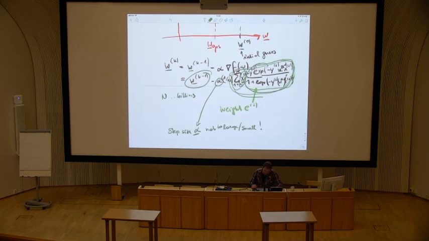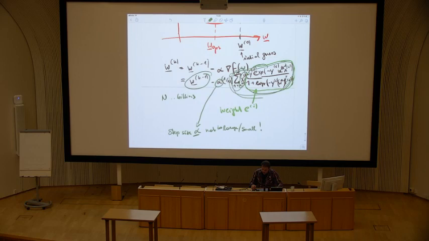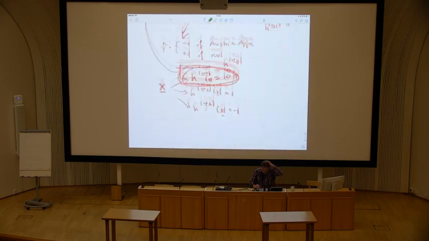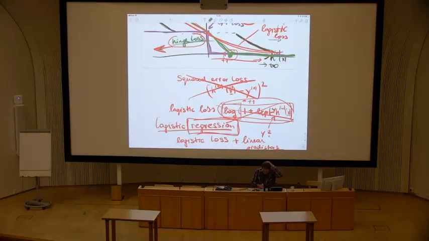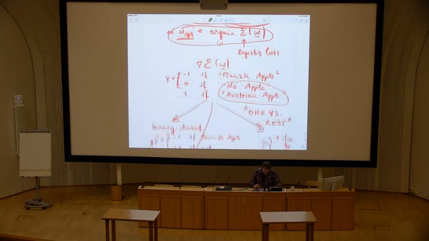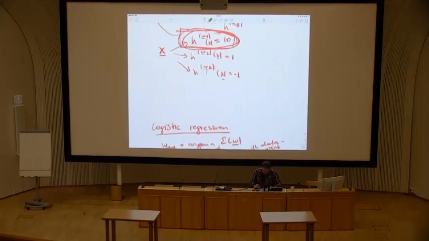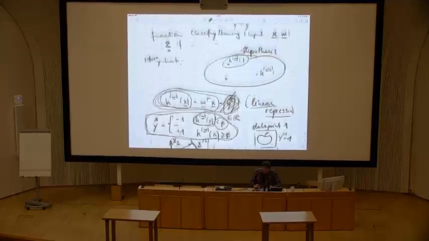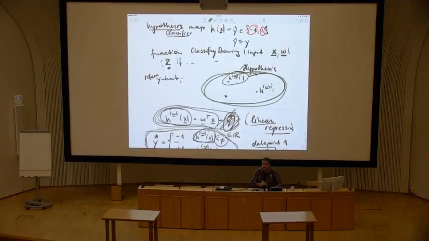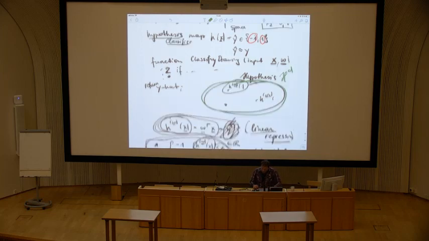Okay, so that was what I wanted to say about logistic regression. It amounts to a particular combination of loss function, particularly the logistic loss function, and the linear hypothesis space, the hypothesis space constituted by linear maps. It's the same hypothesis space as we used for linear regression, and the same hypothesis space is also used, for example, for support vector machines.